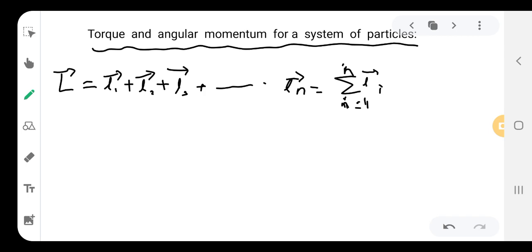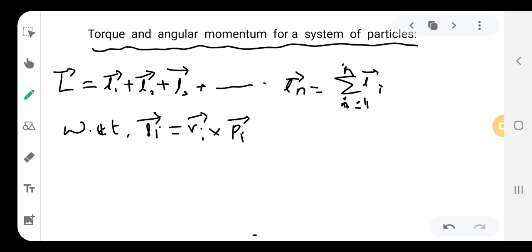Now what do we know? We know that Li vector can be written as ri vector cross pi vector.